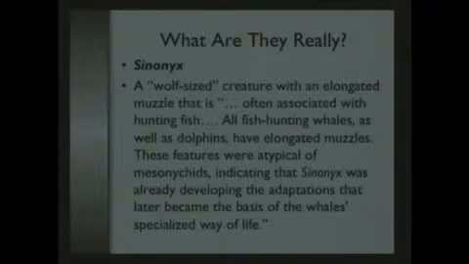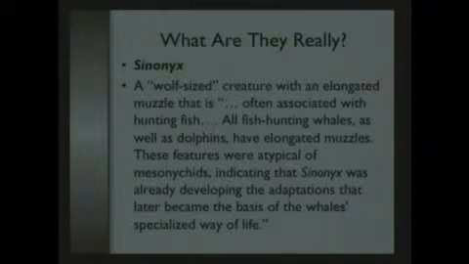All right, well, what are these fossils really? Okay, let's go through these one by one pretty quickly. Sinonyx, a wolf-sized creature with an elongated muzzle, that is, now watch the quotes, look for the loaded language, often associated with hunting fish. You've got an elongated muzzle, creatures with elongated muzzles often hunt fish. All fish-hunting whales, as well as dolphins, have elongated muzzles.